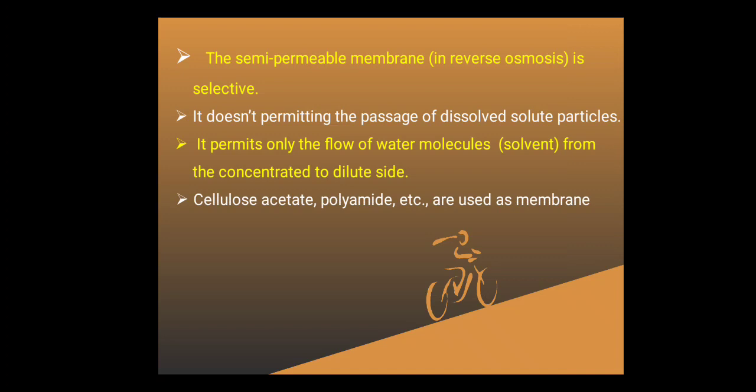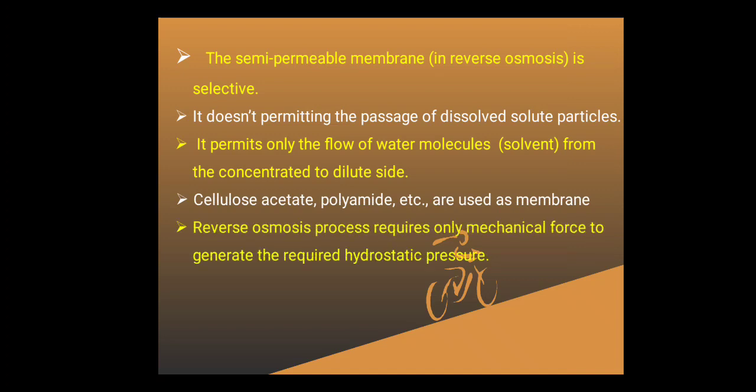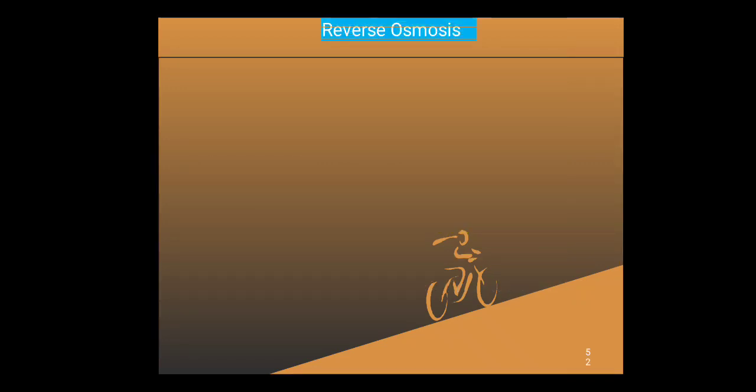Generally, cellulose acetate or polyamide is used as the membrane. The reverse osmosis process requires only mechanical force to generate the required hydrostatic pressure, in the order of 40 to 50 kg per meter square.